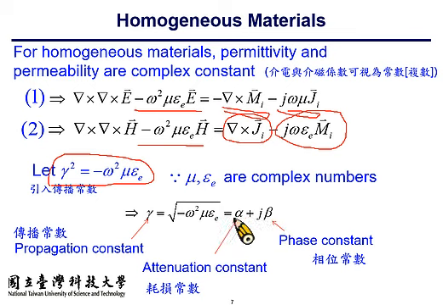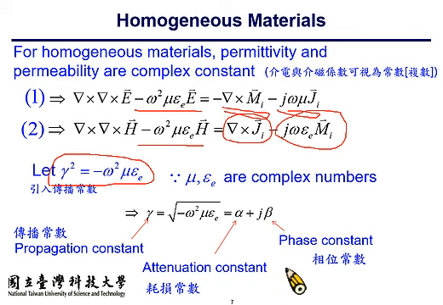Okay, so alpha is the real part of gamma. It's referred to as the attenuation constant, and it represents the dissipation, the attenuation of electromagnetic energy within the material. While the second term, the j beta term, which is the imaginary term, is referred to as the phase constant.